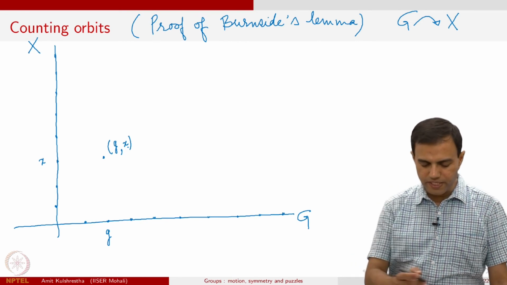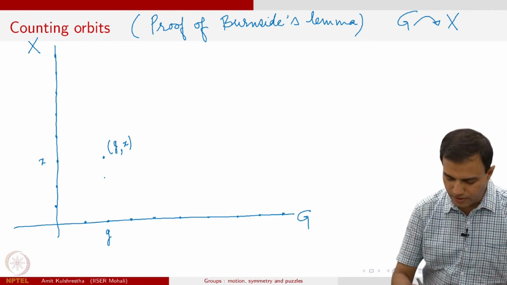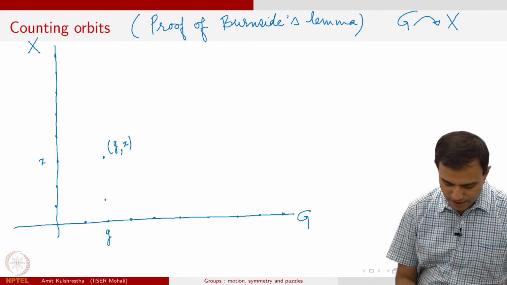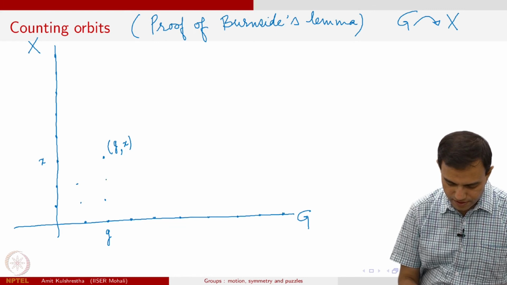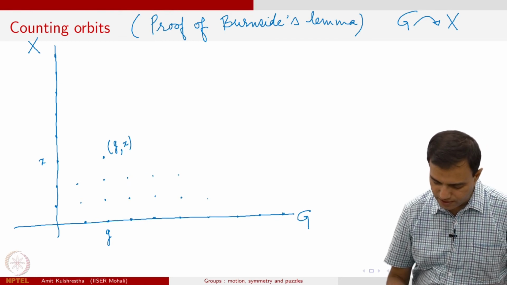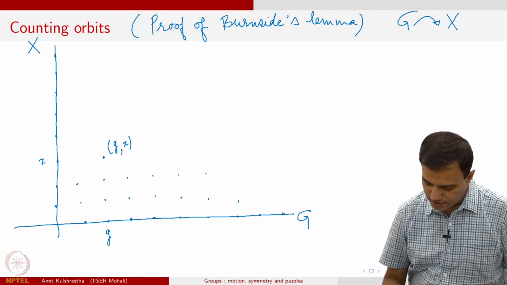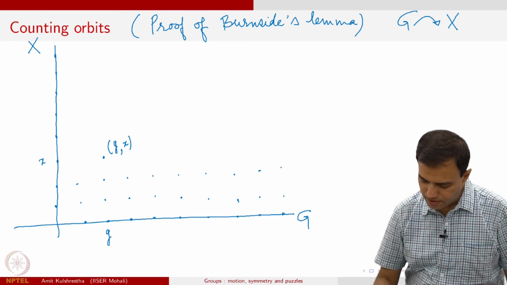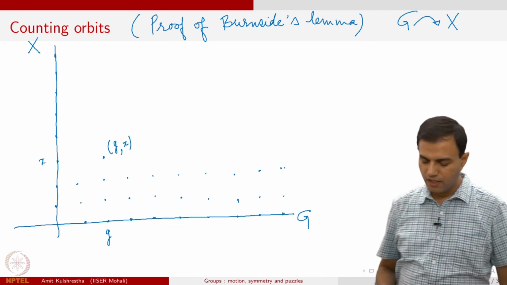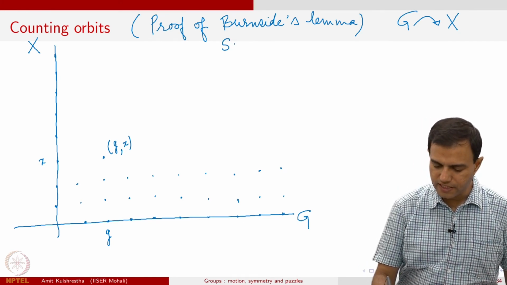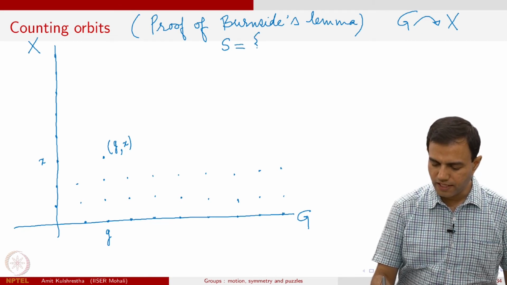And now I consider a subset of this. So you can think of it as a lattice. It's a lattice which is there. So many points are there on this lattice, right? It is G cross X. As a set, it's just G cross X. That's some lattice. So inside this lattice, I define a set S. What is the set?